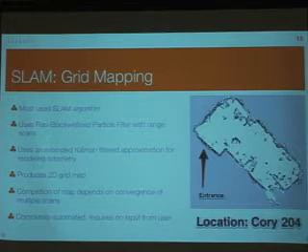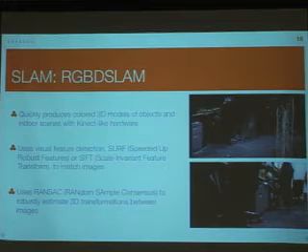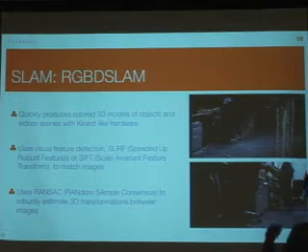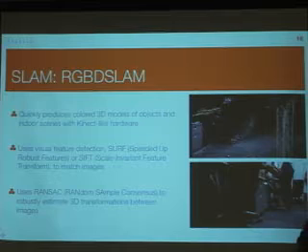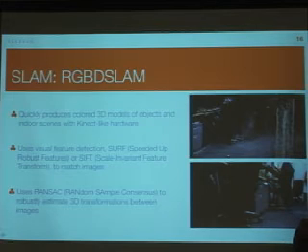And the second kind of SLAM is RGBD SLAM. RGBD SLAM is a little bit different from the scan stitching one. Remember, when you're collecting all the scan data, it tends to have too much information to be collected. So this kind of SLAM is collecting just features of the scan.